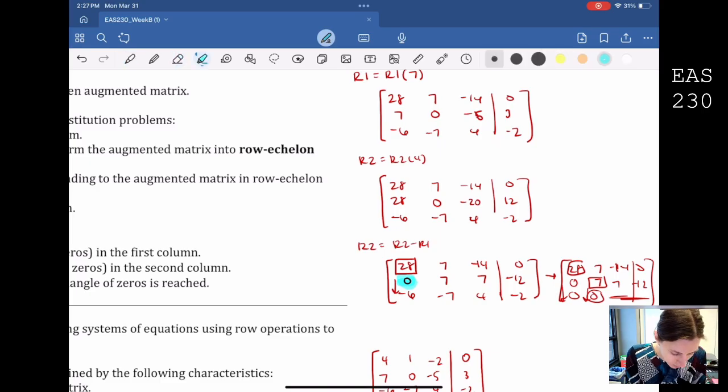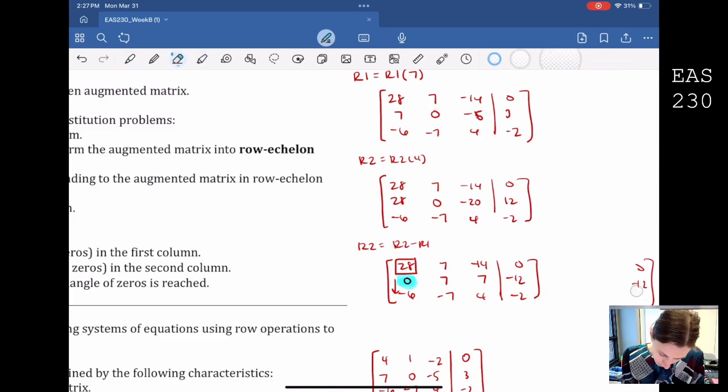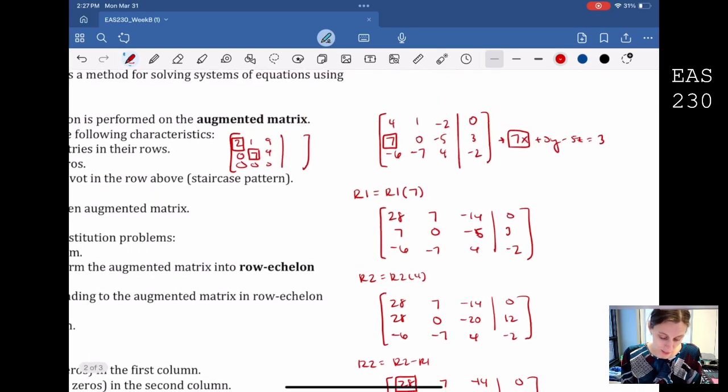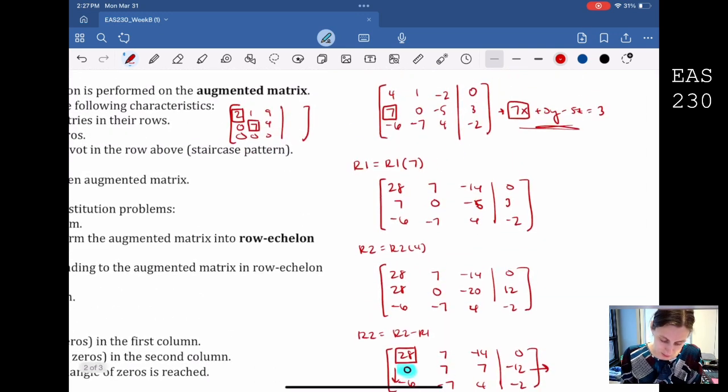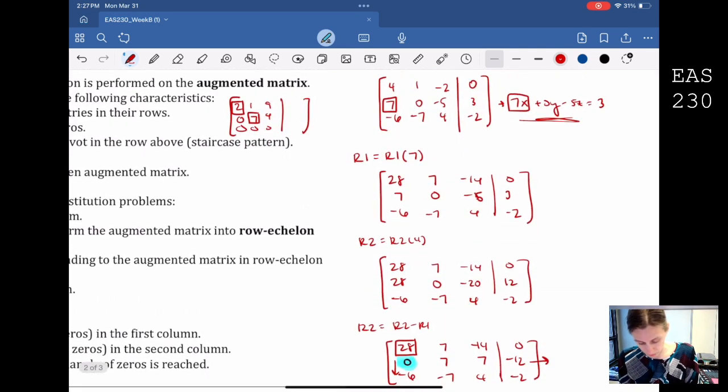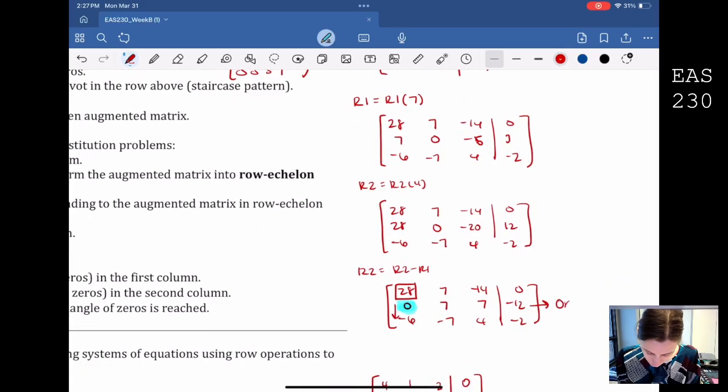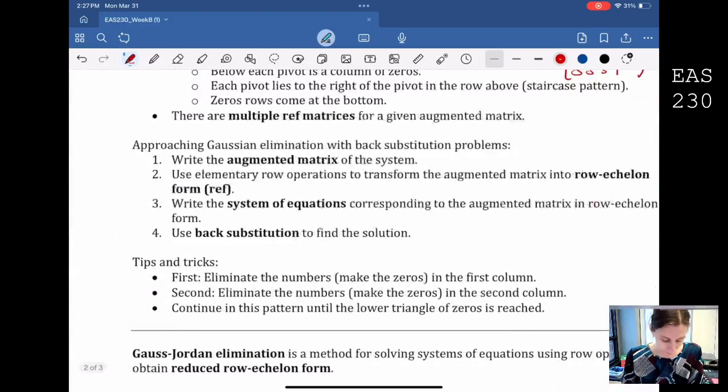If I think about this equation here now, it's the same equation I had here, except I've modified it. So instead of 7x plus 0y minus 5z equals 3, it now becomes 0x plus 7y plus 7z equals negative 12. And if I get to REF, row echelon form, I can rewrite my system of equations, and you'll notice it's much easier to solve then.